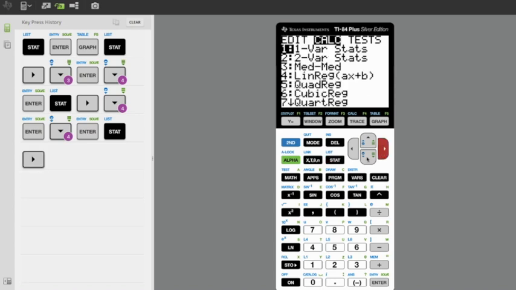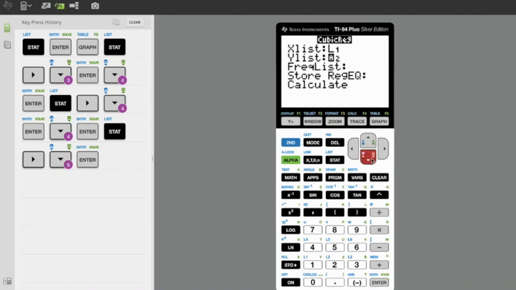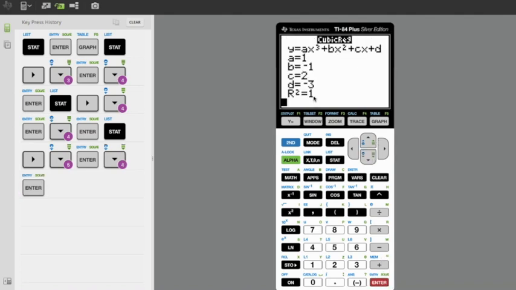Let's go back into the stat menu. Let's go over to calculate. Notice there's a cubic, there's a quartic. We're going to check one more. I want to check the cubic, and see if it's any better than that line, because right now the line is looking best. But I go ahead and calculate, and that is something I was really hoping for. My R squared did get better. I actually got a 1, so it says it can fit these points perfectly, and these are the coefficients to put into this cubic function.